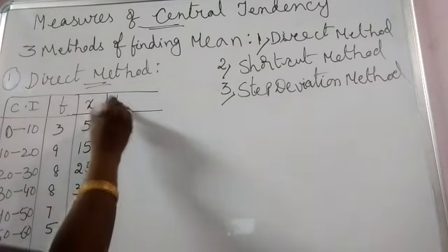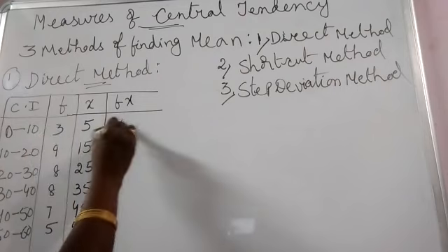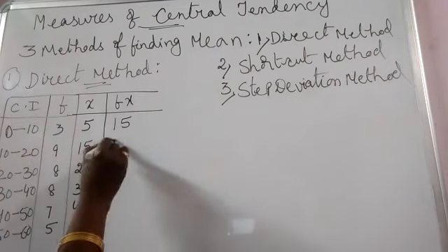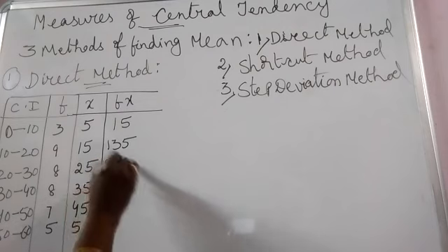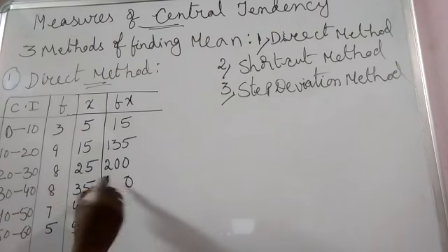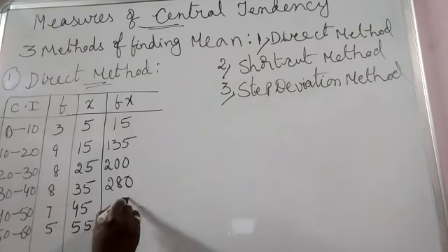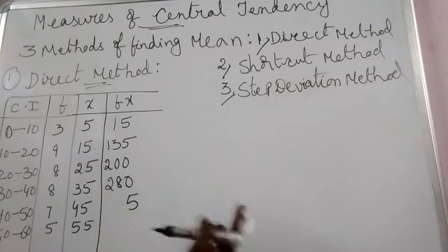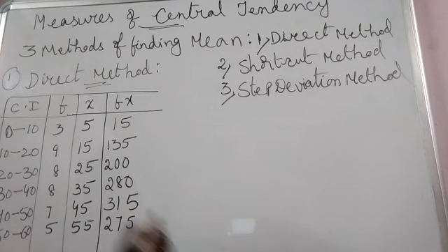Now find fx for each. 3 5s are 15, 15 9s are 135, 25 into 8, 200, 35 into 8, 280, 45 into 7, 315 and 55 5s are 275.